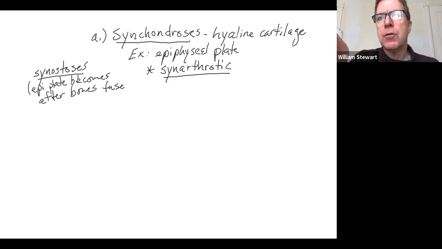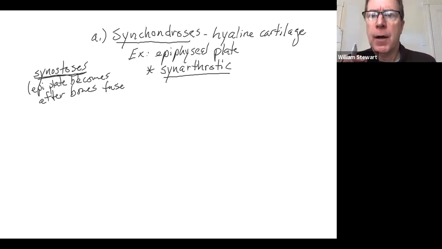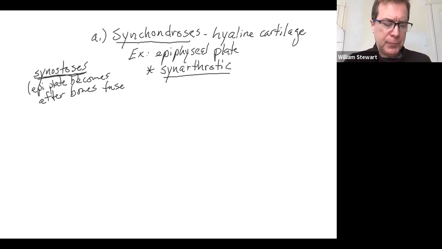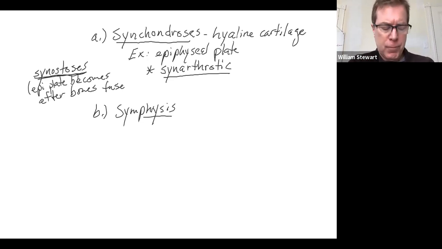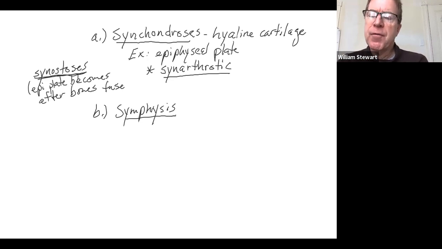So remember, synostoses means full fusion of the bones, and it's no longer considered a joint at all. So we've got synchondroses, letter A, and B, a symphysis, which you've heard before. Symphysis is singular, symphyses would be plural.